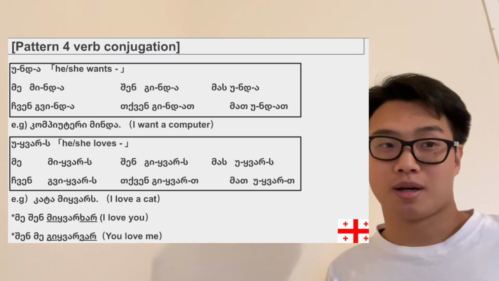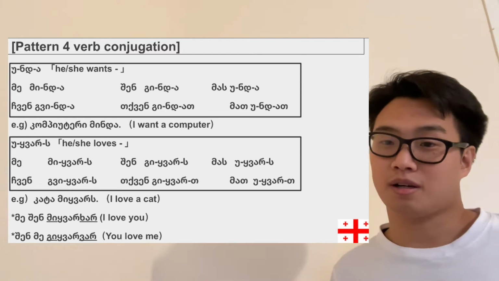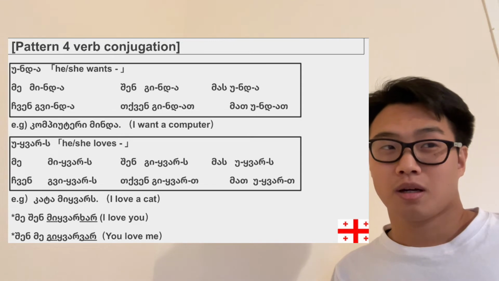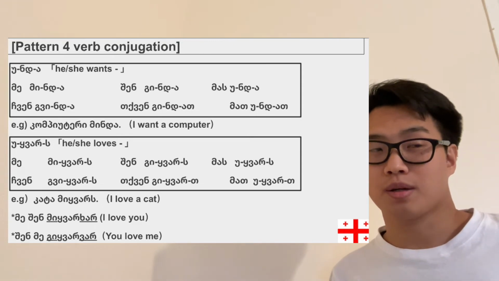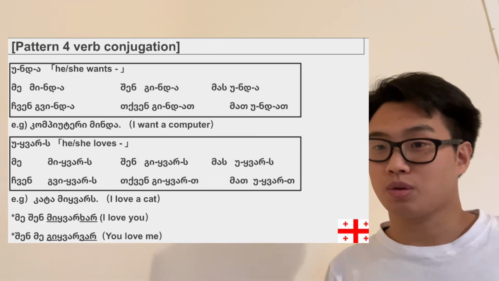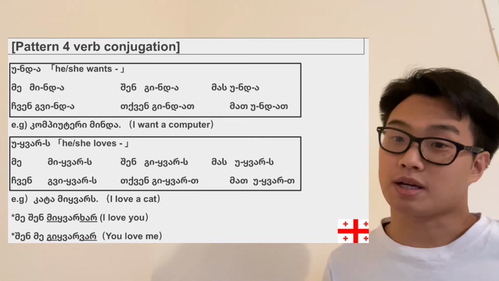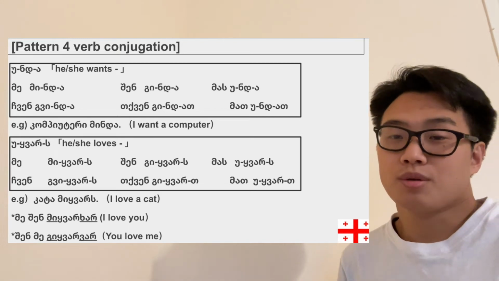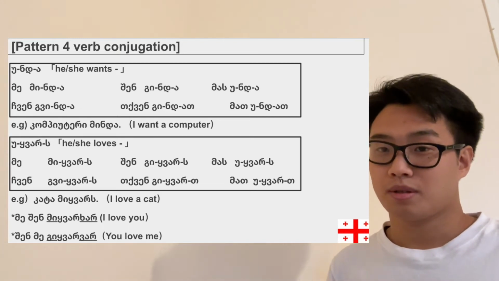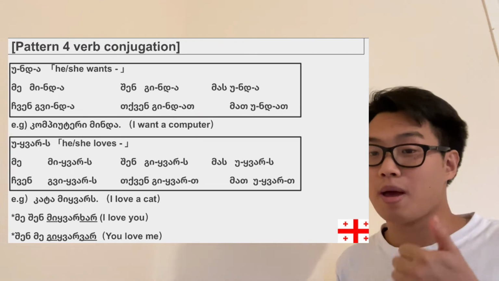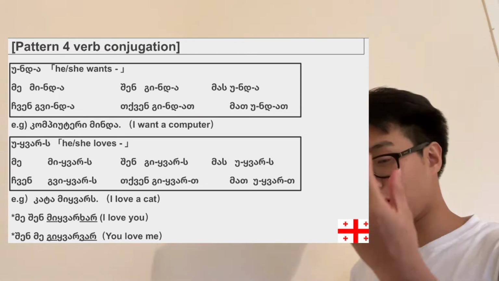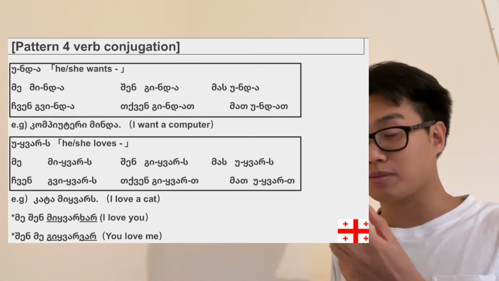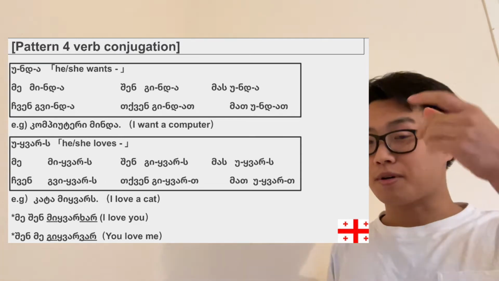There are lots of patterns, and I would recommend that you just read and listen to natural Georgian in actual daily conversation, and you will get used to these kinds of patterns. So in this video, let's just remember these 4 verbs and their verb conjugations about third person. This is the first thing mainly.